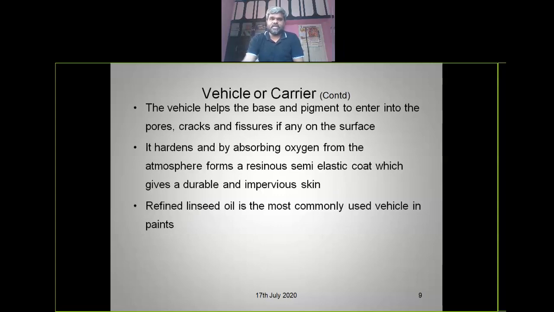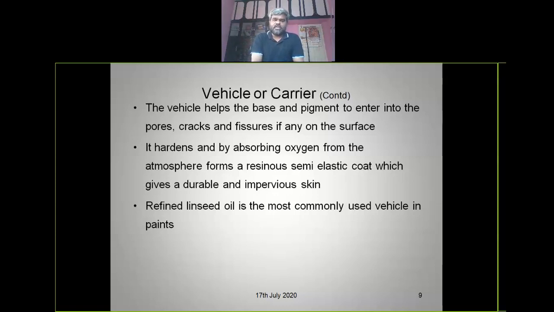Vehicle helps the base and pigment to enter into the pores, cracks and fissures, if any, on the surface. It hardens, and by absorbing oxygen from the atmosphere forms a resinous semi-elastic coat, which gives a durable and impervious skin.